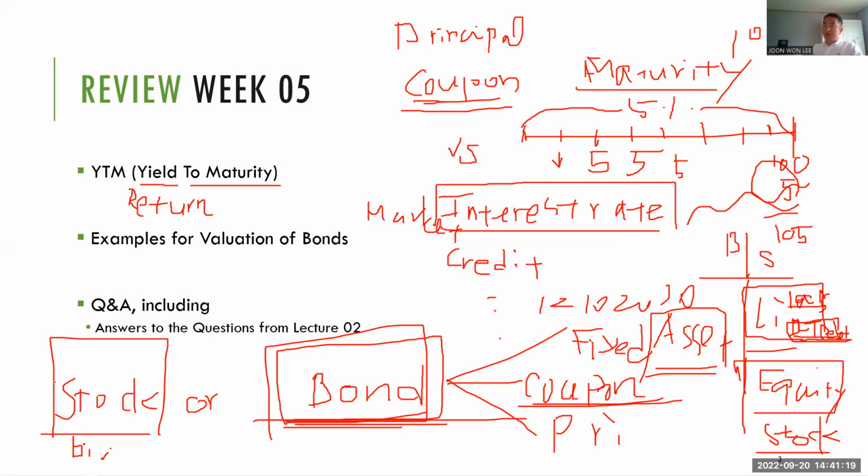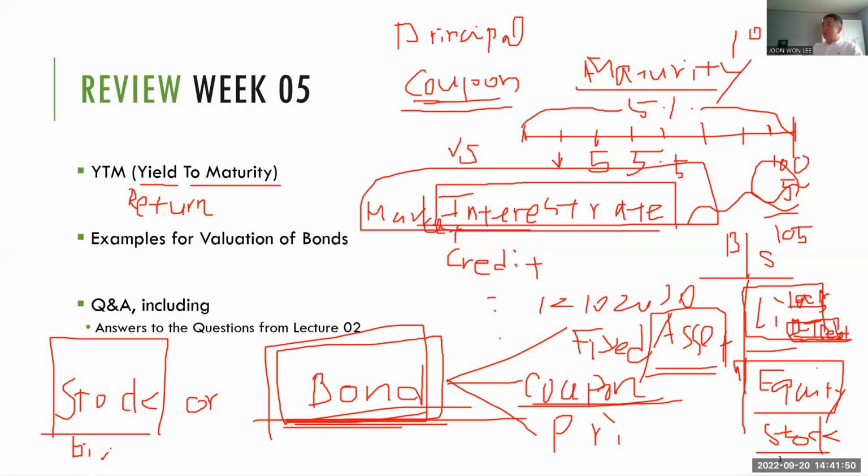The value of the stock is based on the performance of the company. The value of a bond is not primarily based on the performance of the company, although it could be, since a bond is still subject to the credibility of the company. But mainly the price of a bond is influenced by the market interest rate.